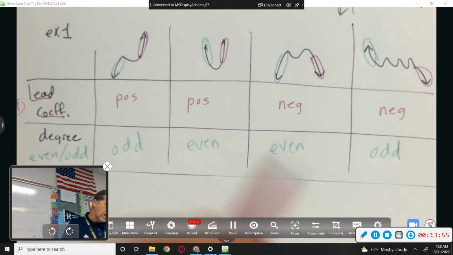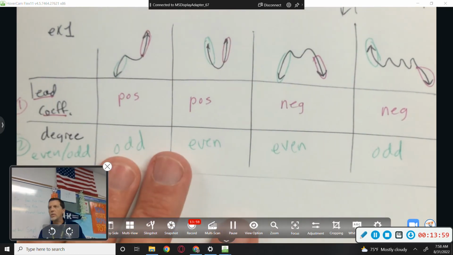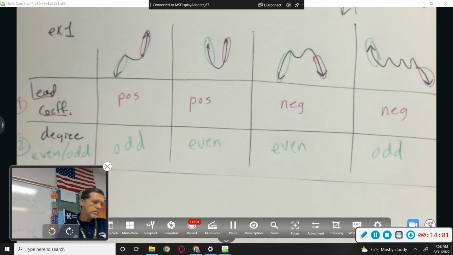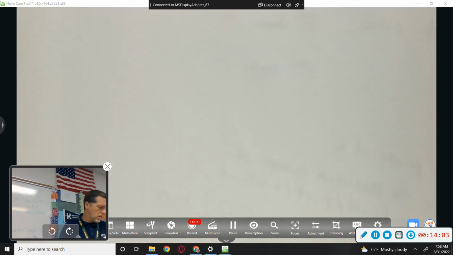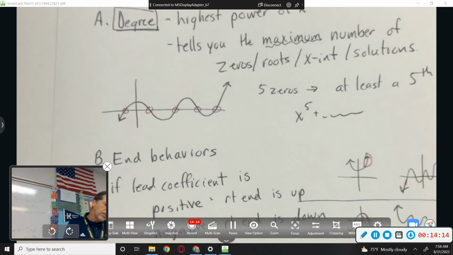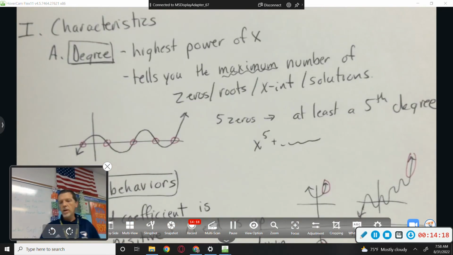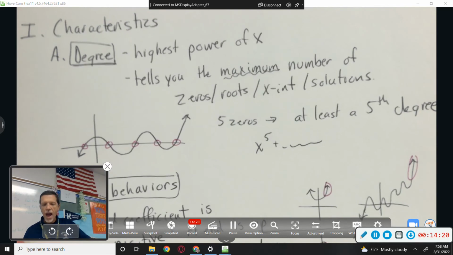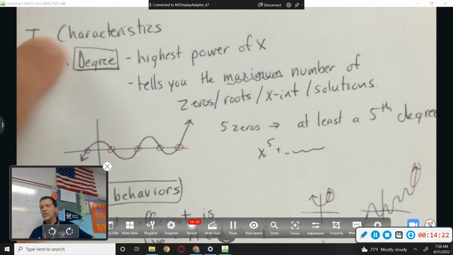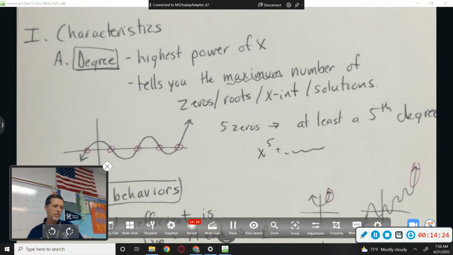Then you can look at even odd because it sort of depends on what the right end is doing. All right, so that's characteristics, the degree and the end behavior. And so a lot of times, as Cole already was looking at, the matching between those two things, you can figure out generally what's going on.